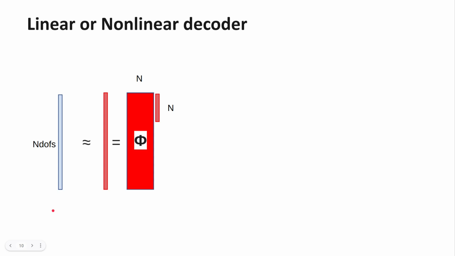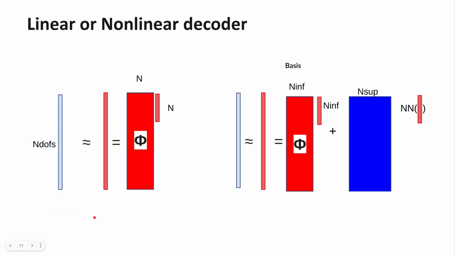That's the linear decoder. The nonlinear decoder, at least this one that we have been covering in this video, works like this: I will get inside Kratos a vector that has dimension NINF. So Kratos will compute that one. In order to decode it, I will get this part, which is exactly the same as the first one, plus a contribution coming from the multiplication of the matrix discarded in the first one, if you will, this second matrix, and the weights, that is the vector that will be multiplying this matrix, will be coming from the neural network.